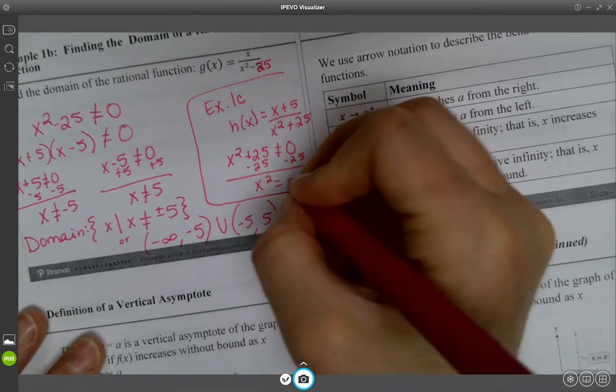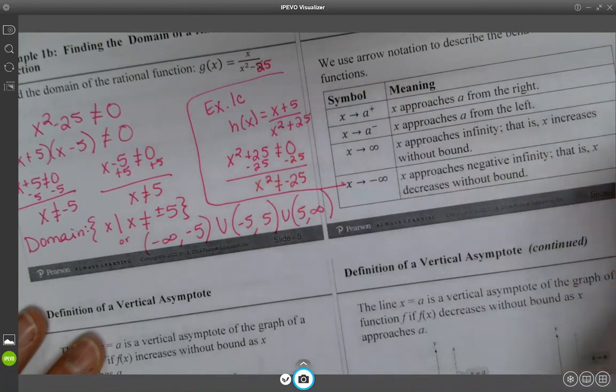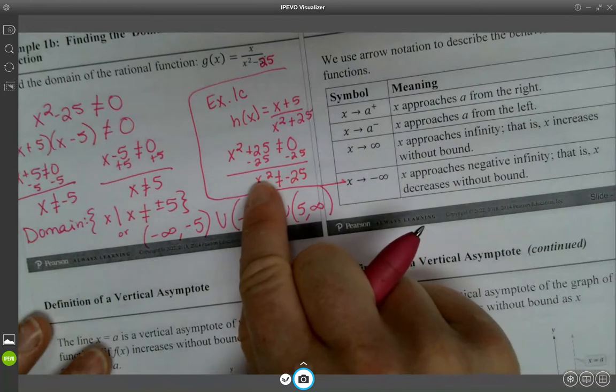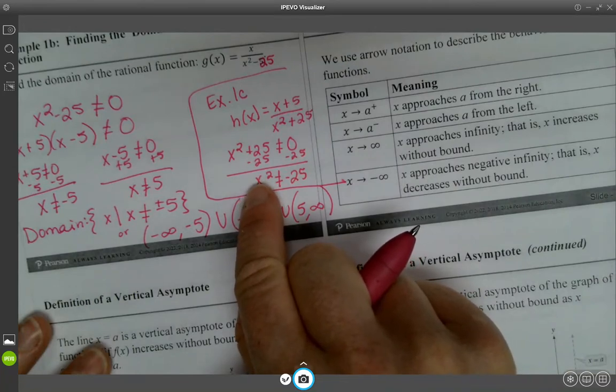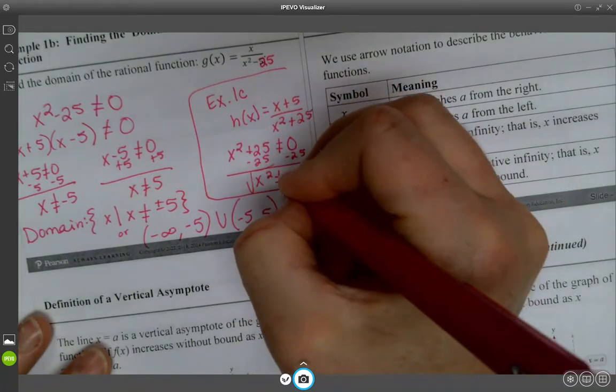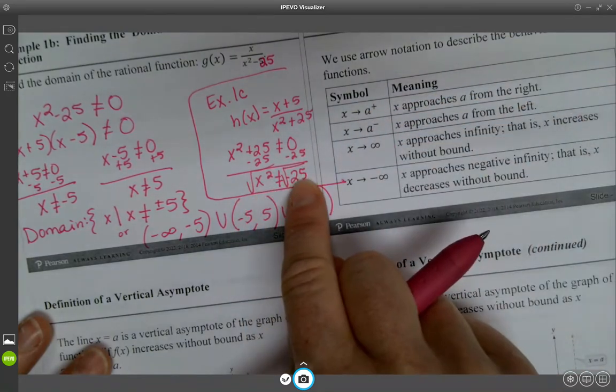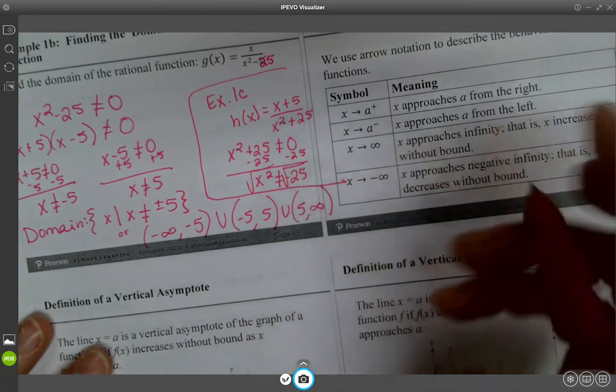x squared cannot equal negative 25. Well, think about it. If I square something, I will always get positive values. So if I take the square root of that, that's going to be imaginary.